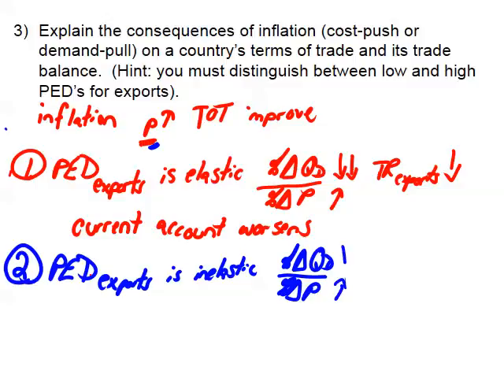According to the law of demand, quantity demanded goes down. And if demand is inelastic, then the change in price is proportionately greater than the change in quantity demanded. So we have price going up substantially, losing proportionately less in quantity demanded. So total revenue for exports goes up and the current account improves.